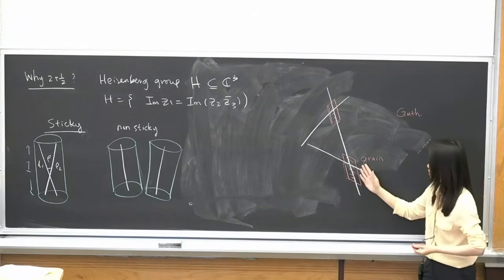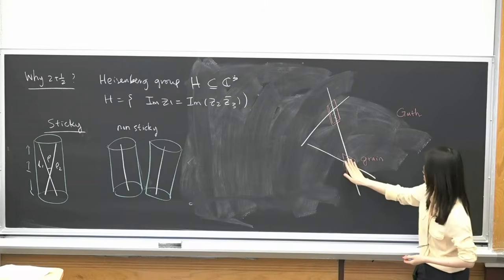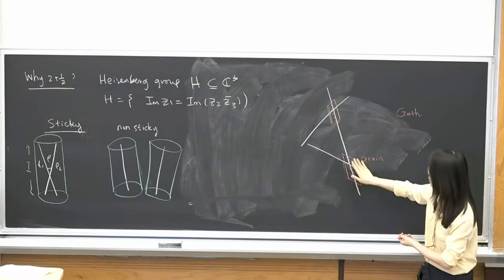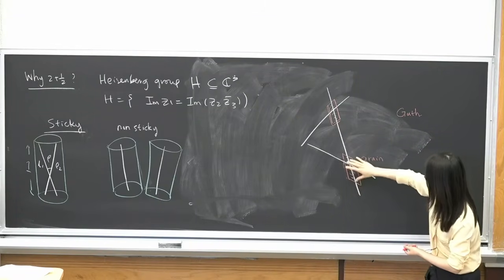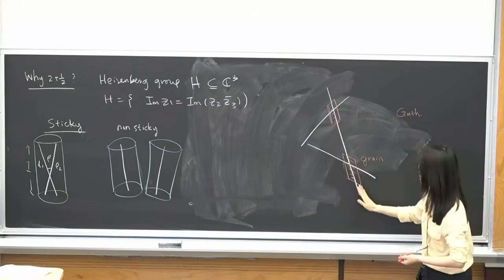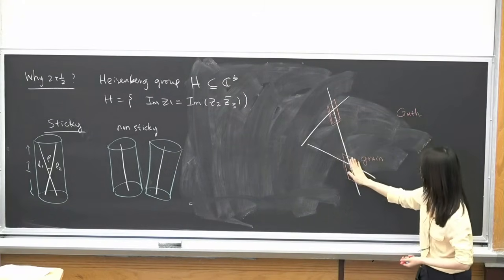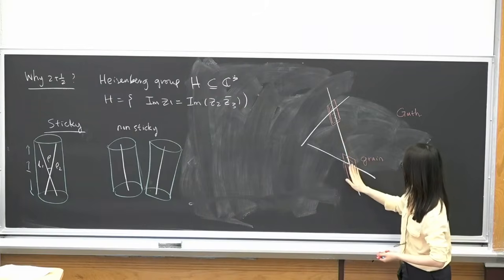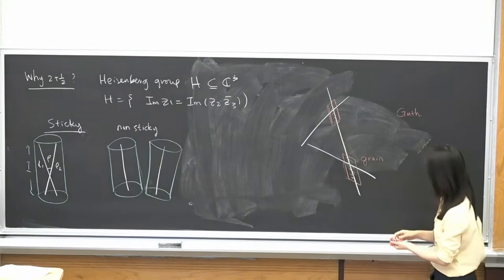But then the difficulty is that those grains are little planar slabs. They are not in the same direction, even along the same line. They kind of rotate, and this is the difficulty.